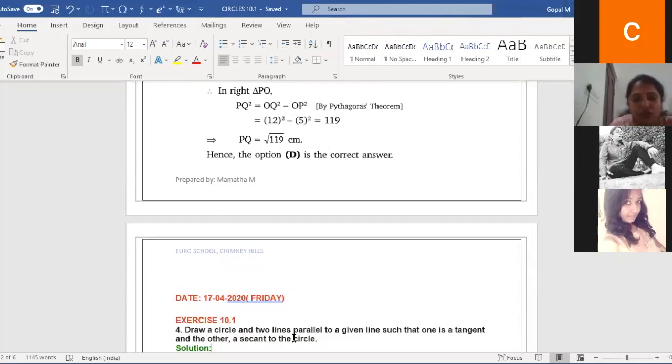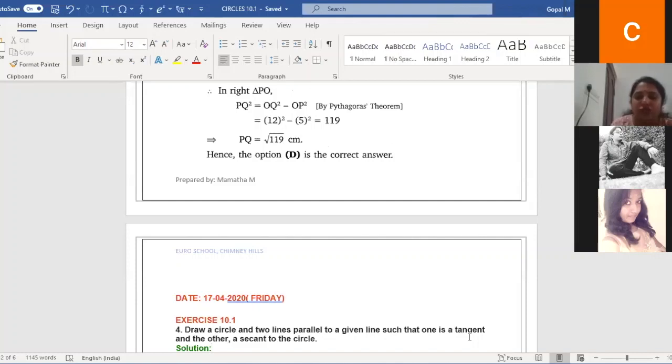Understand the question: draw a circle and two lines parallel to a given line such that one is a tangent. Tangent means that line should touch the circle at one point. That point is called the point of contact.